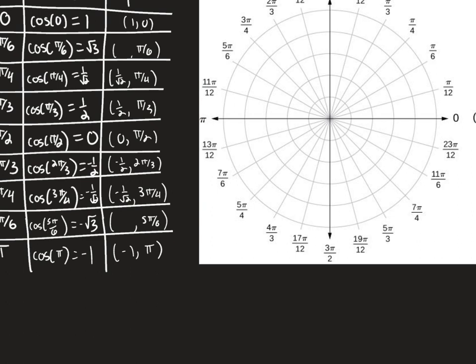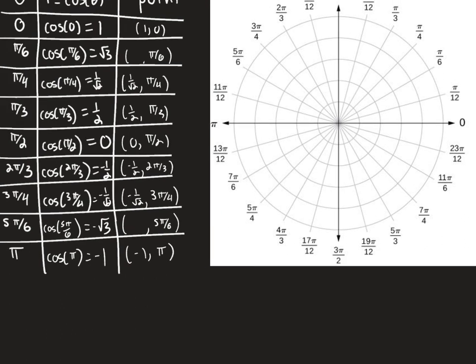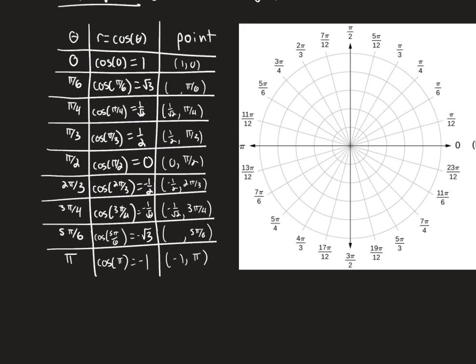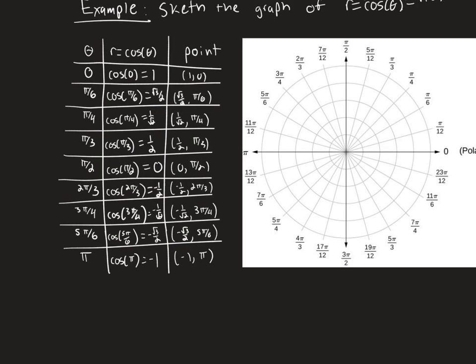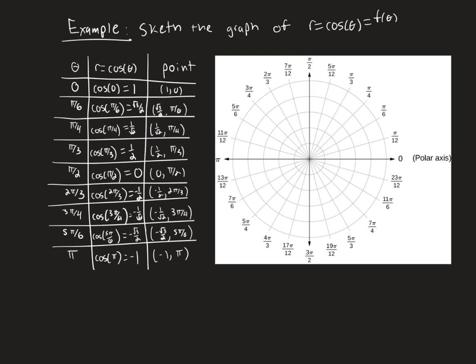Cosine of pi over 6 is root 3 over 2, and cosine of 5 pi over 6 is negative root 3 over 2. Okay, is that it for mistakes? I think that's it.